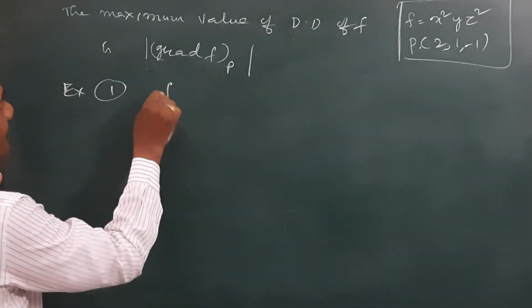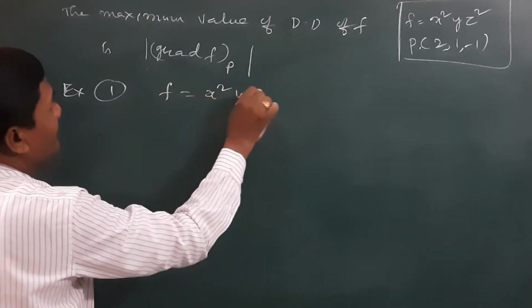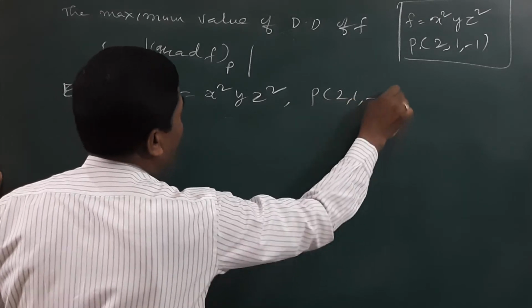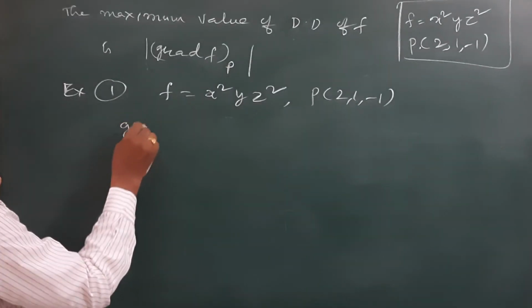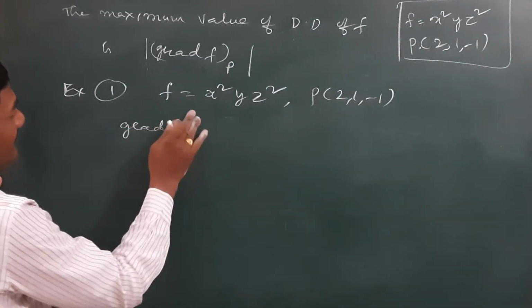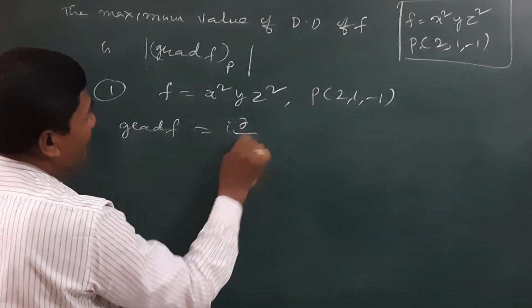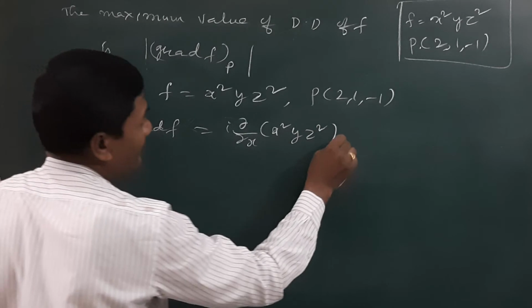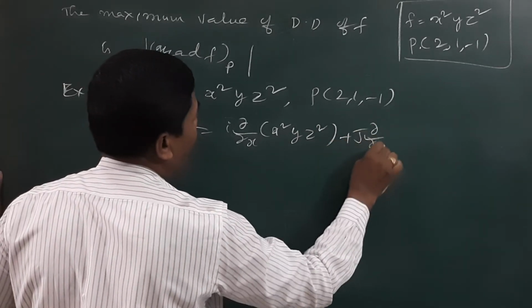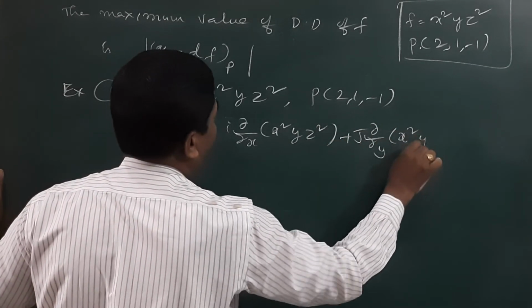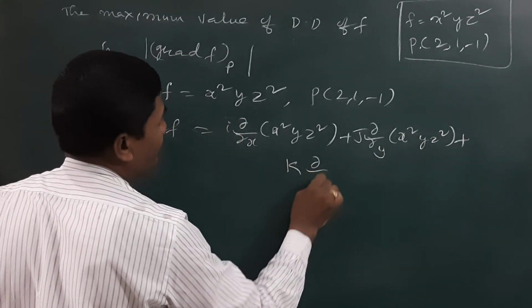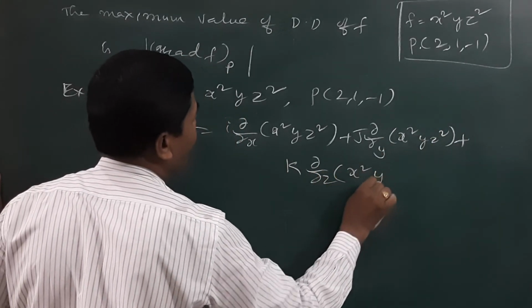So f is equal to x square y z square, and the point is (2, 1, minus 1). Immediately we can find the gradient of f. Gradient f is equal to i dou by dou x of x square y z square, plus j dou by dou y of x square y z square, plus k dou by dou z of x square y z square.